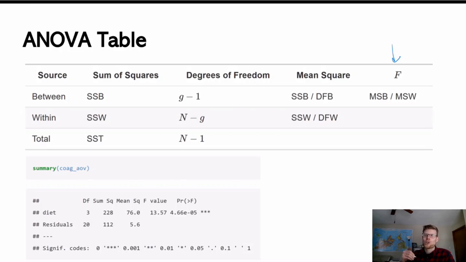If our F ratio is getting higher and higher, it means that we're seeing more variation explained by the between group variance than we would expect by random chance. So typically, when our F ratio gets to 3 or 4 or 5, that's when we're starting to say, yeah, the between variance is a lot higher than we would expect by random chance if this factor variable didn't actually do anything, and this was just random chance differences I observed between groups.